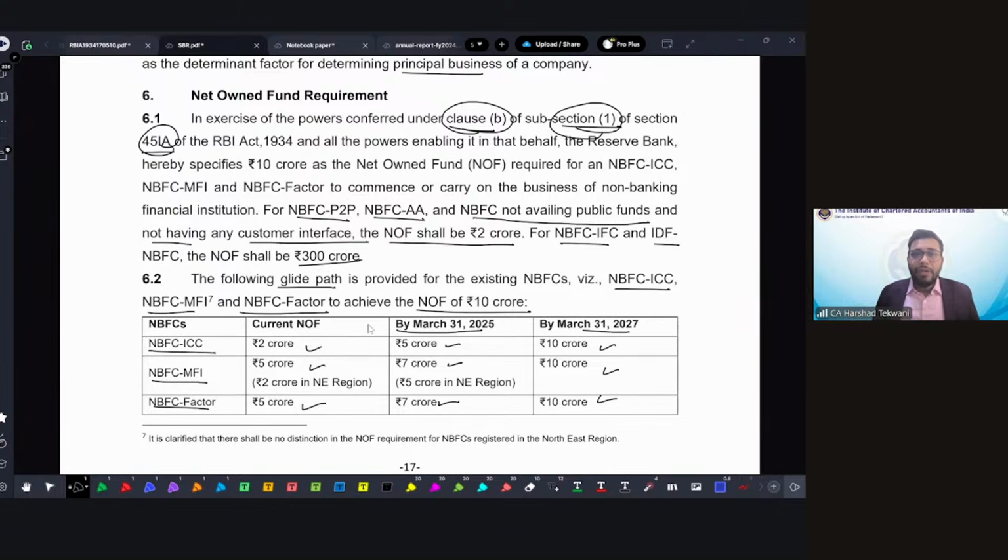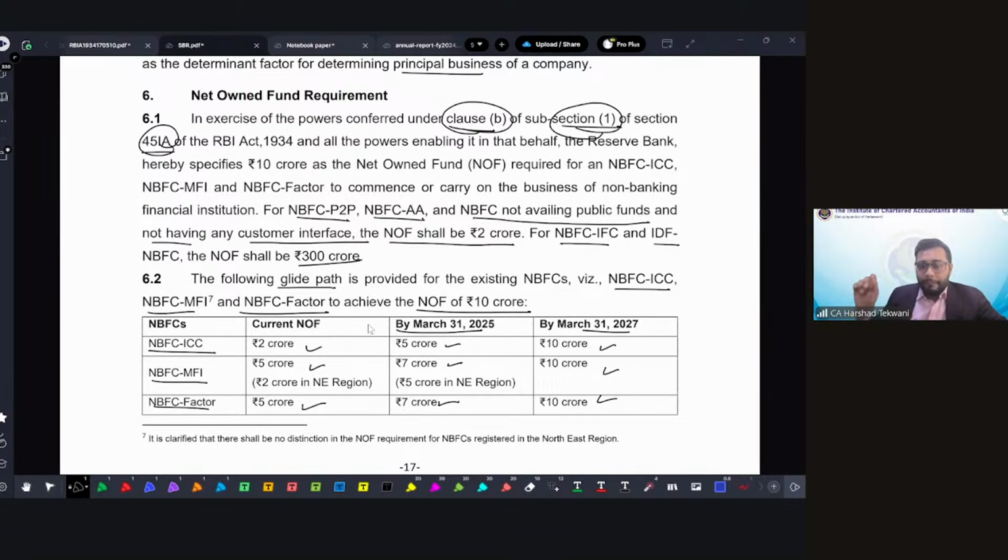See, when it comes to the net own funds, there are two things. One, it is required to be maintained within a given time period, basically given from the day of registration. So when you apply for the registration, you are required to meet that requirement of the net own funds. And if during any financial year your total amount of net own funds decreases below the given limit, you may be ineligible to continue the certificate of registration.